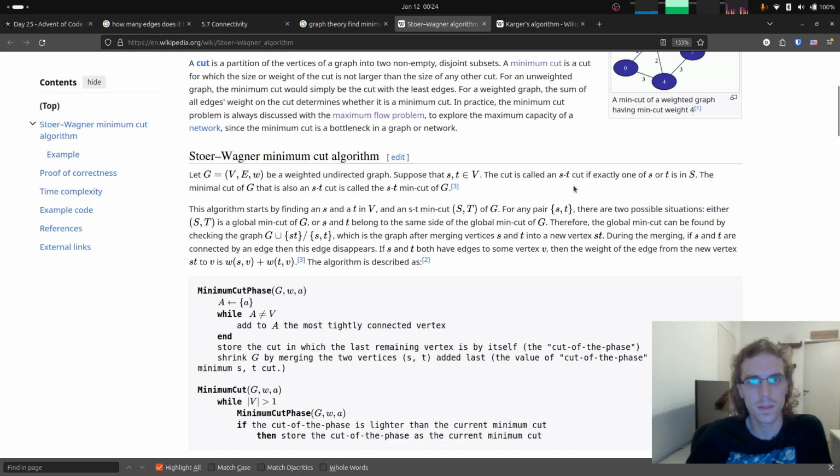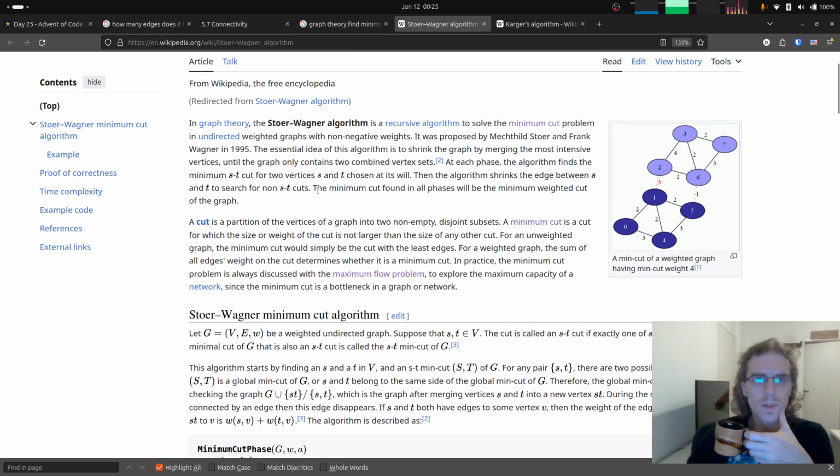An ST cut is one where only one of S or T is in S, the minimum cut of G. I'm pretty sure that S is not being defined here before. It just starts talking about ST cuts.